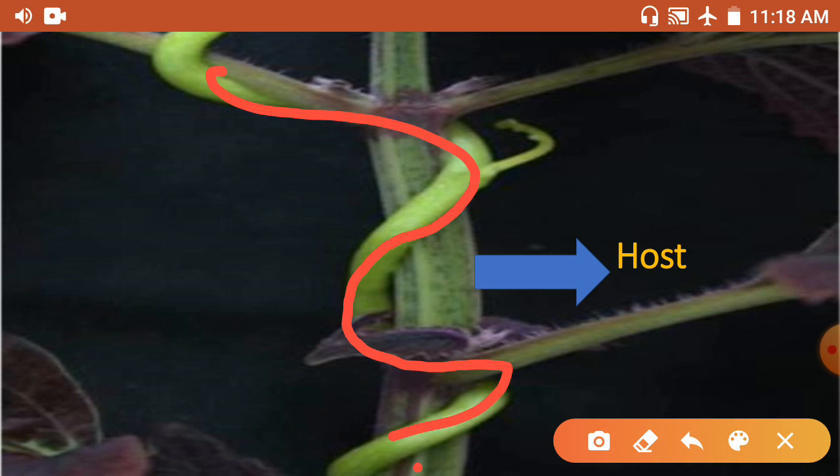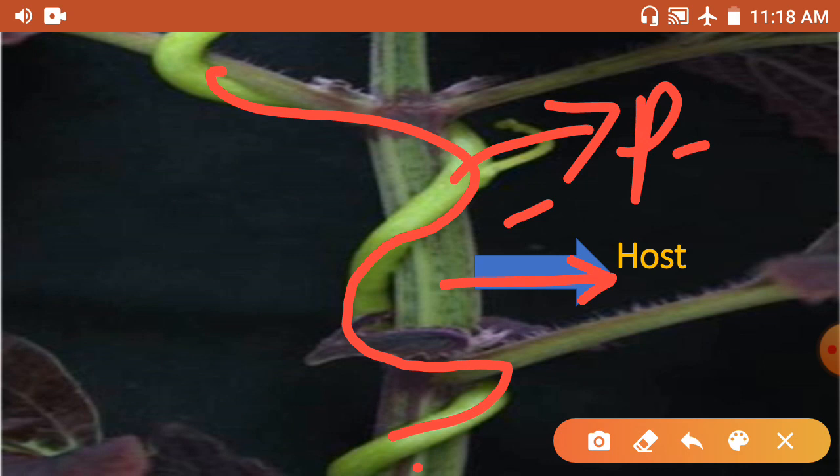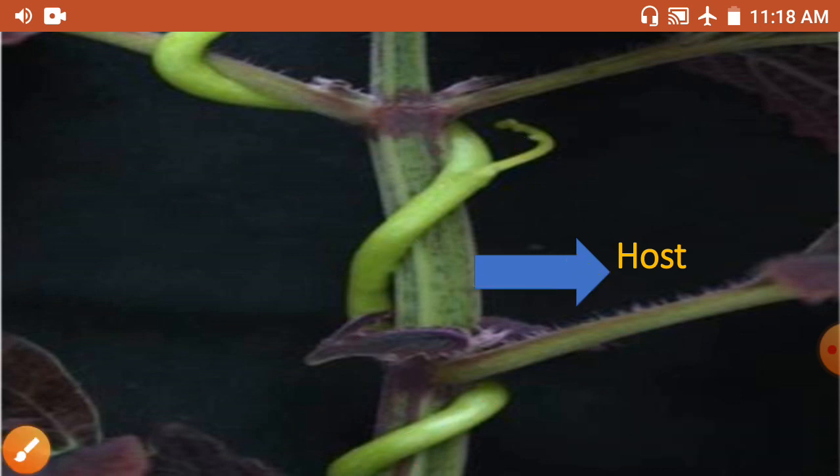The plant on which it climbs is called the host. Since it deprives the host of valuable nutrition, it is called a parasite. So this is heterotrophic, because they cannot make their food themselves.